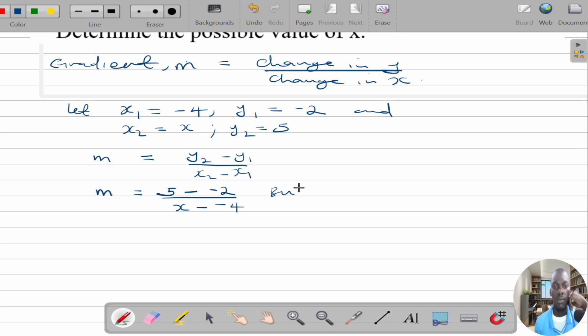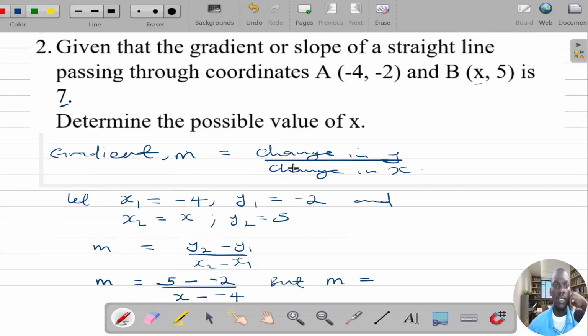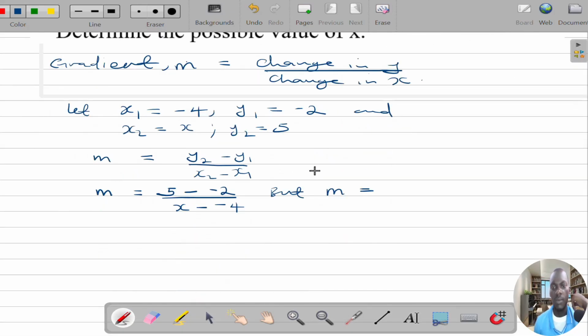But remember, our m is given up there in the question, and its value is 7. So m is 7. Let's now substitute. This implies that we have 7 equals 5 plus 2 divided by x plus 4.